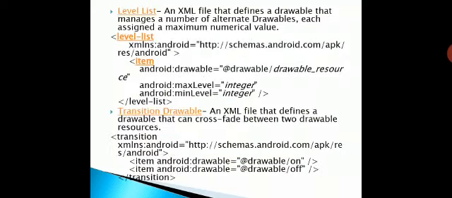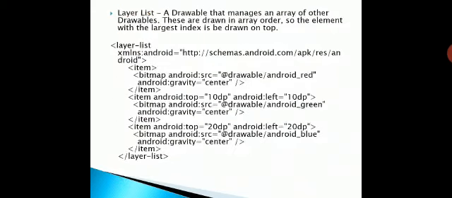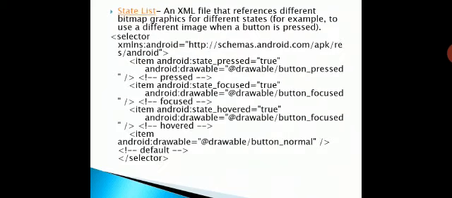If that's not the case, the button is in its normal state, and that drawable will come. So depending upon the state of the item, whether it is a button or anything like that, you draw the corresponding drawable. For that purpose you will use this type of drawable, the state list.